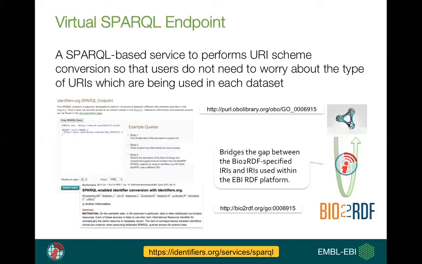We use Jena to convert these URI schemes. We haven't really thought about moving this to the cloud. I would like to know who would be interested. If there's enough interest, yes, we could look into moving this into the cloud.